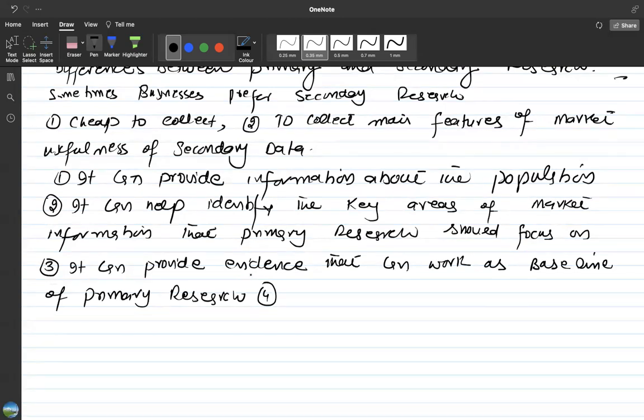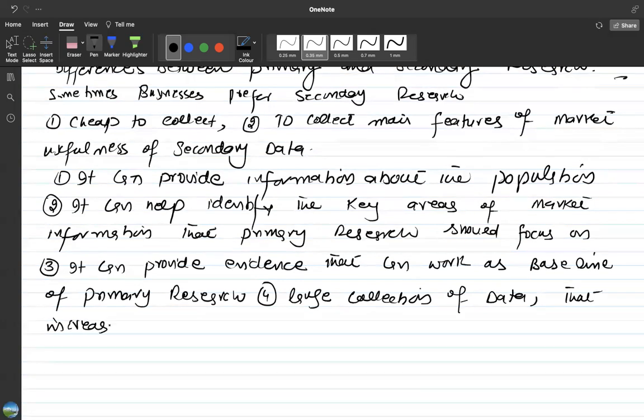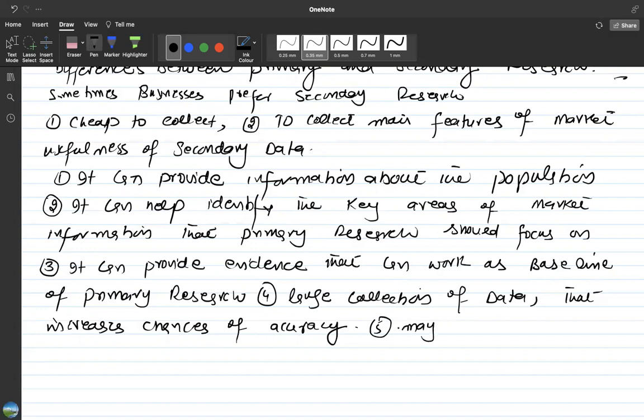In secondary data, we use large samples, a large collection of data, that increases the chances of accuracy. Many sources of secondary research are easily accessible through the internet, for example, archives of libraries.